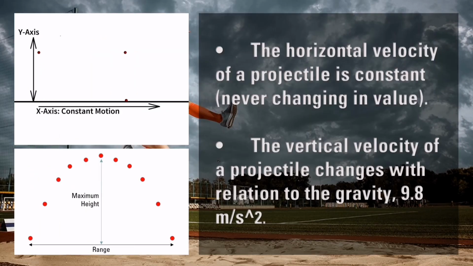While traveling in a parabolic direction, the projectile is acquiring a horizontal distance x with the horizontal velocity that is constant, and a vertical distance that is subjected to gravity, 9.8 meters per second squared.